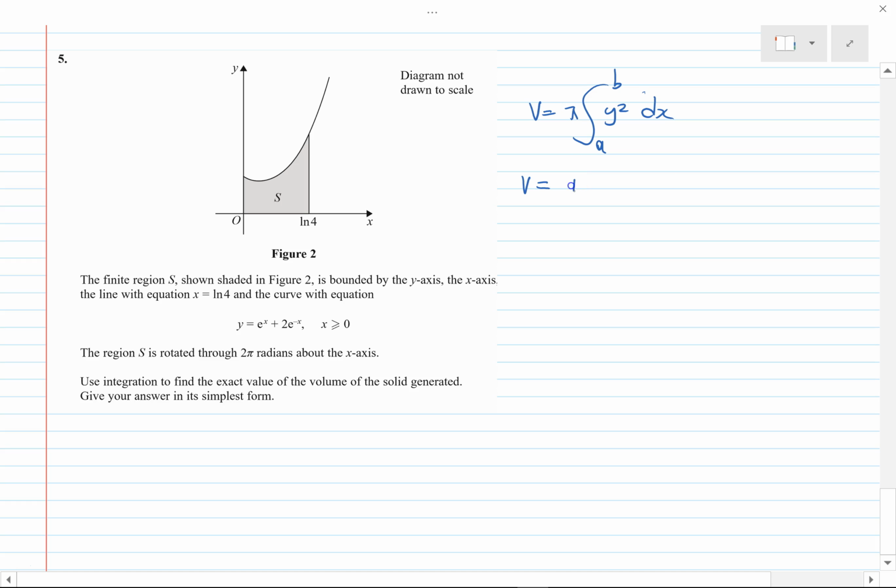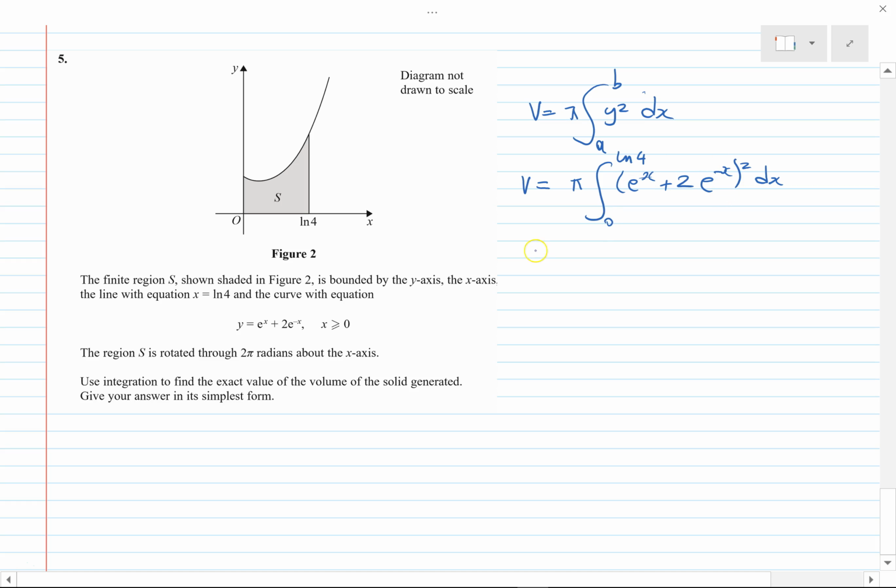So V is equal to pi of e to the x plus 2 e to the minus x, squared, dx from ln 4 through to 0.